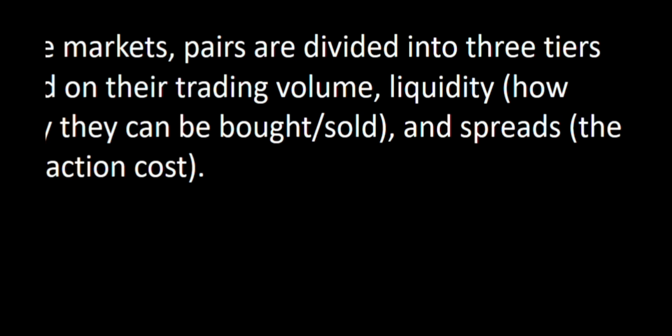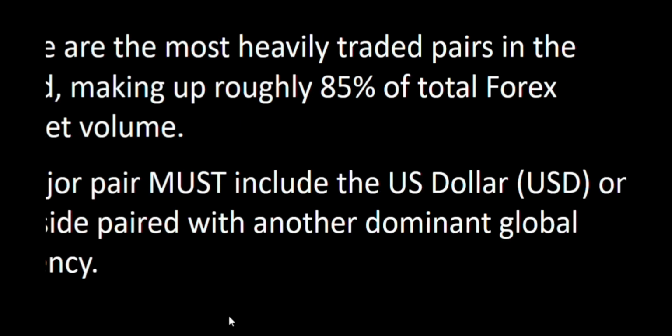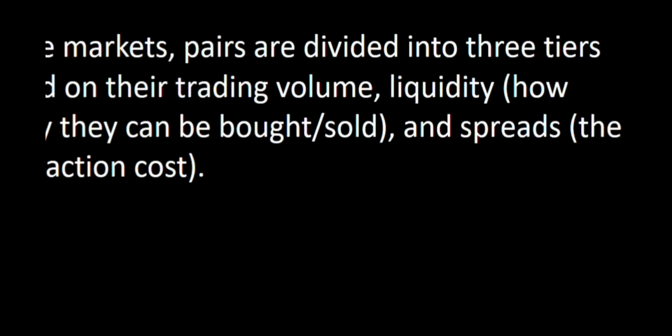Then, in forex market, we have three major currency pairs. You understand? This is why we have categories of currency pairs. In forex market, we have three categories of currency pairs.